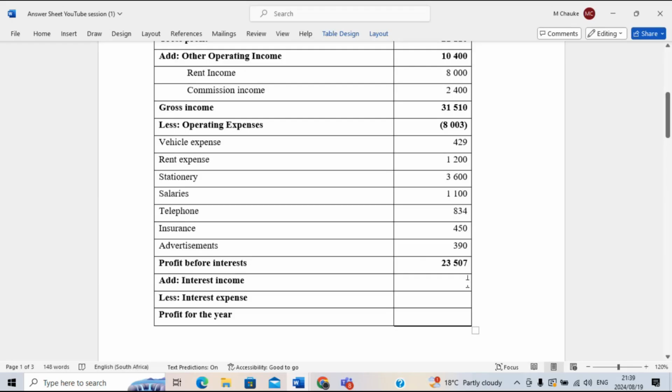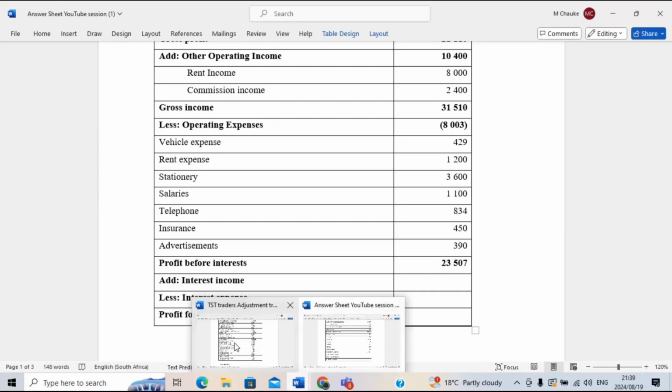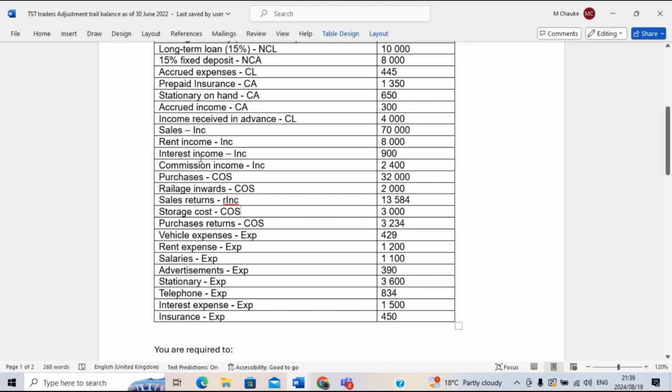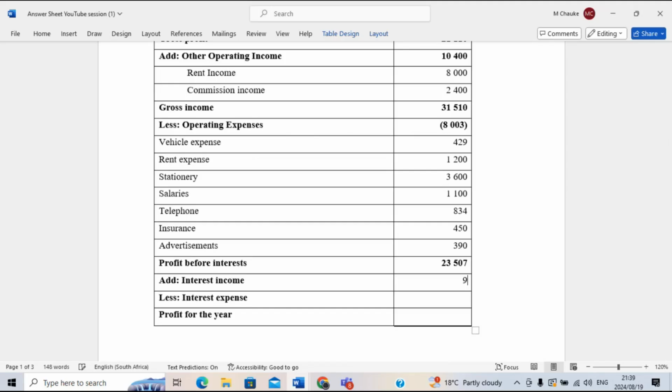And then now interest income. Let's go and check our interest income there. Our interest income is 900, given there. It is provided there, so you're just going to go on the answer sheet and say 900.